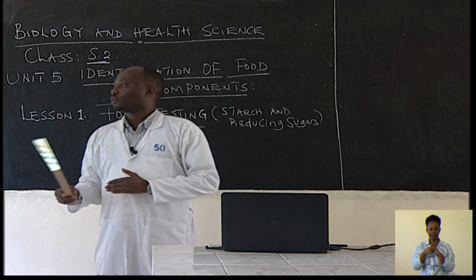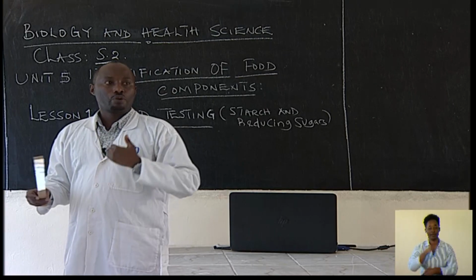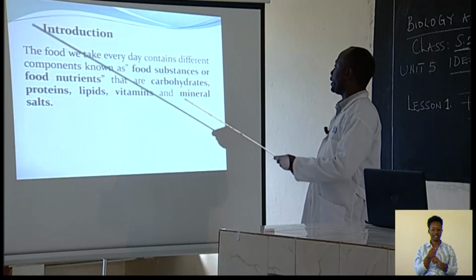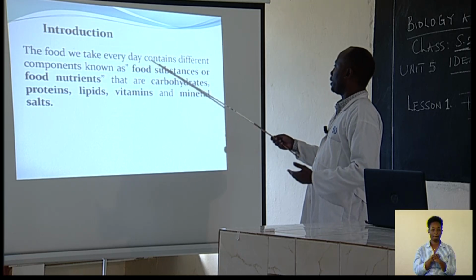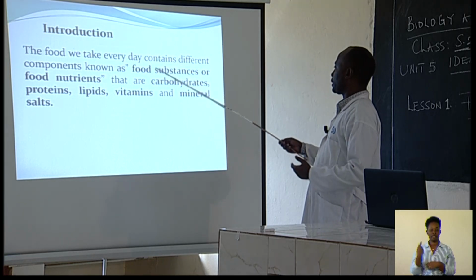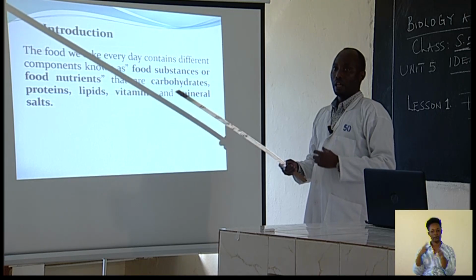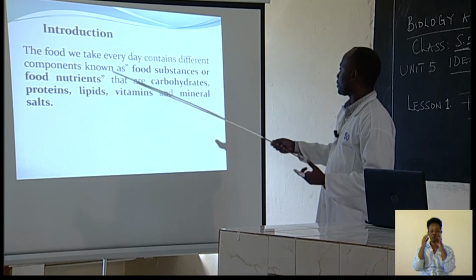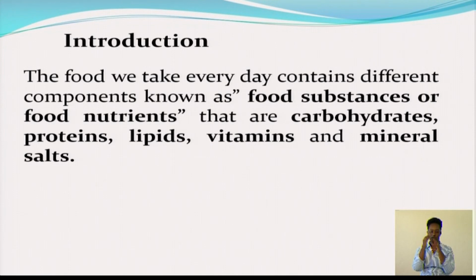Students, you know that every day we eat food that contains different components. These components are food substances or nutrients that help us to build our body parts. These nutrients or food substances include carbohydrates, proteins, lipids, vitamins, and mineral salts.